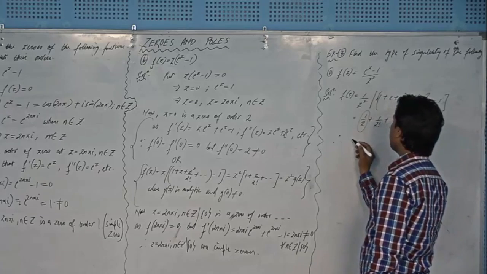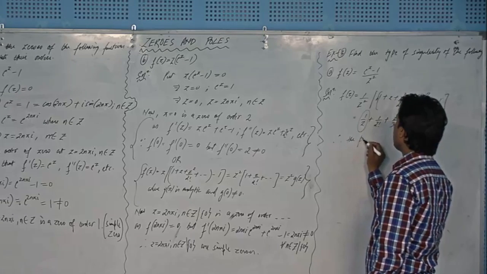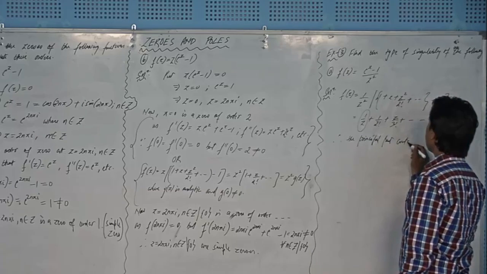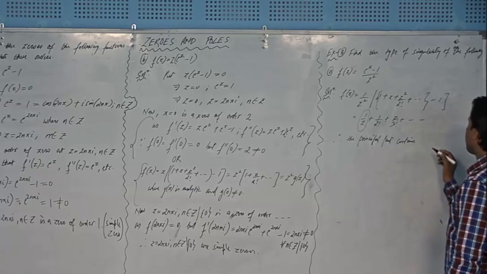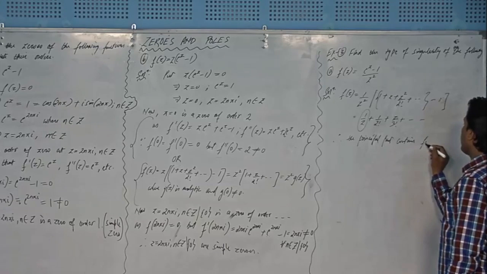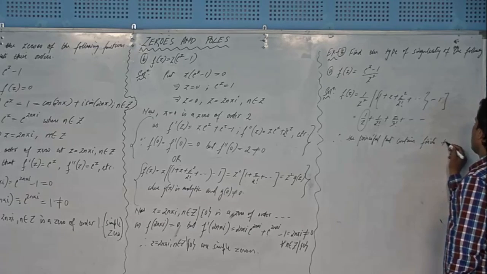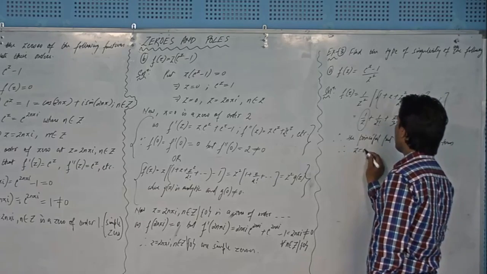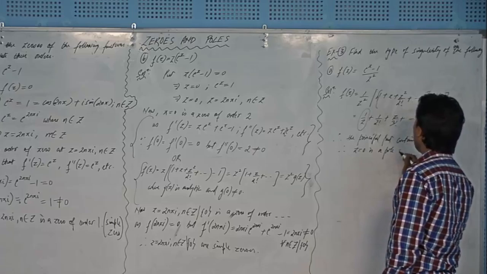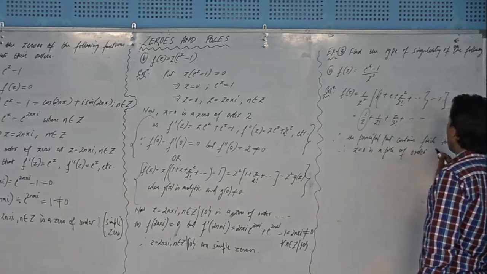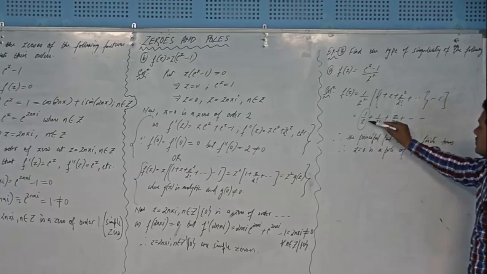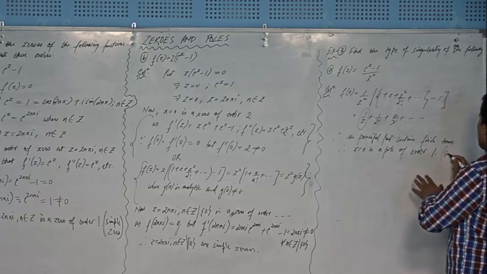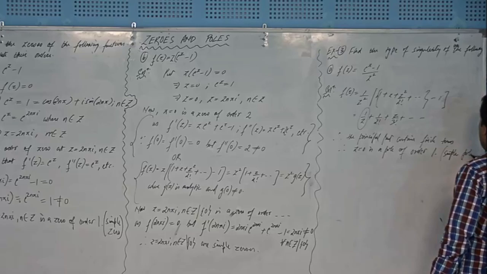Since the principal part contains finite terms, therefore z equal to 0 is a pole of order 1. And why 1? Because the most negative power is z to the power 1, right? And that's why we call it a simple pole, right?